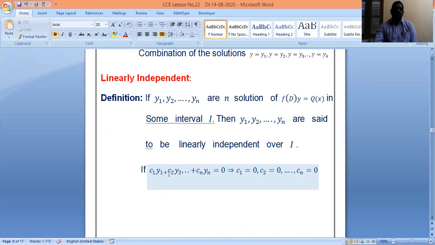If all these constants are zeros, then we say that the set y1, y2, yn are linearly independent solutions, independent n solutions.